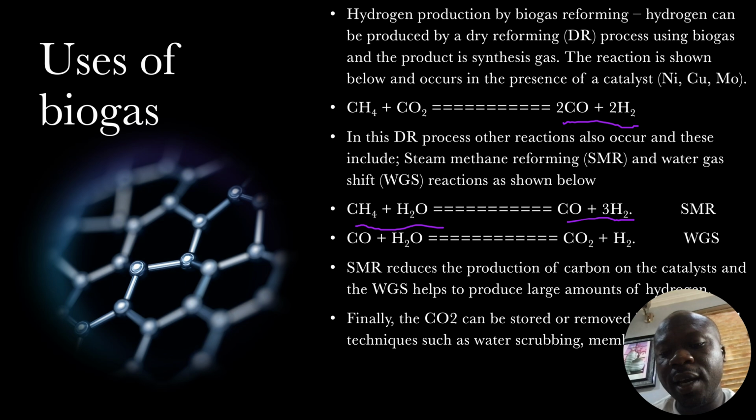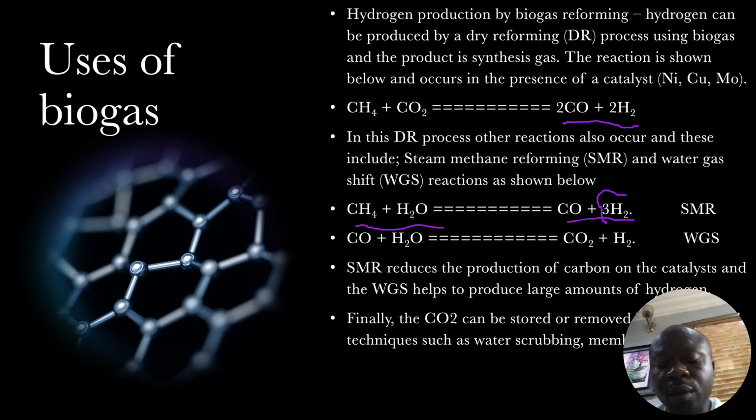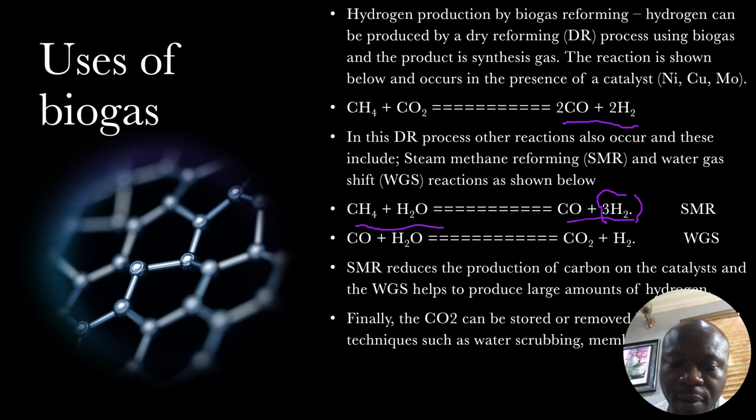And if you watch here, we are producing a very large amount of hydrogen, up to 3 moles. So this process of using biogas to produce hydrogen is also a very important process in chemistry. Likewise, the steam methane reforming reduces the production of carbon on the catalyst, and the water gas shift helps to produce a large amount of hydrogen, as you can see here.